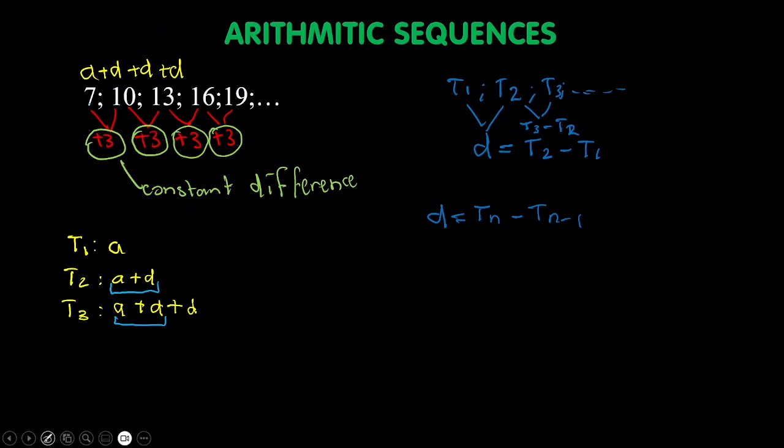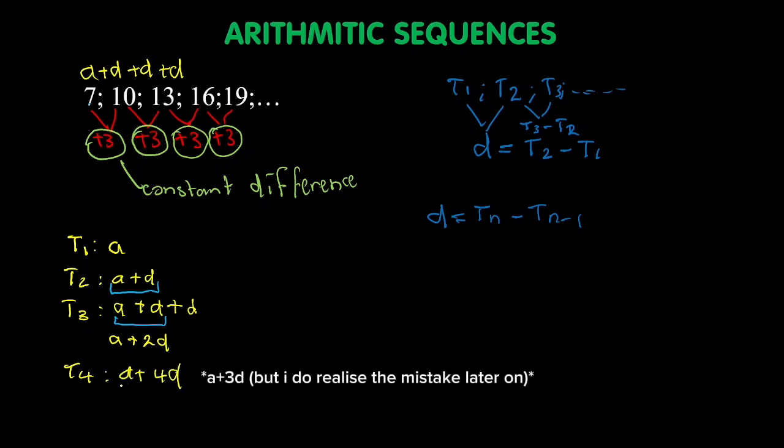Going back to term 3, we can simplify this and say it is A plus 2D. Term 4 would then be A plus 3D. Sorry, I made a mistake earlier, term 4 is A plus 3D.